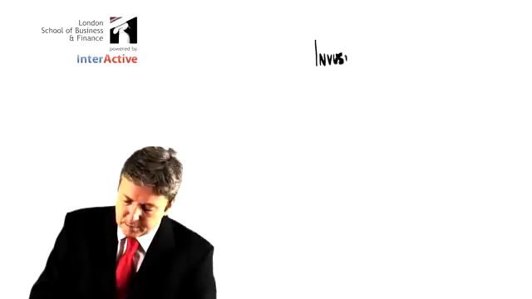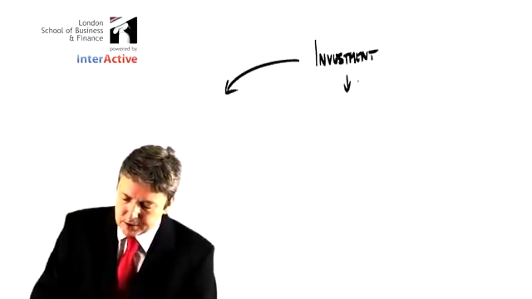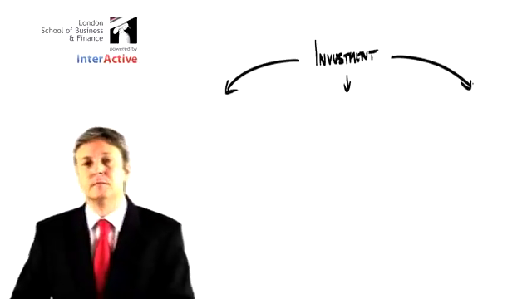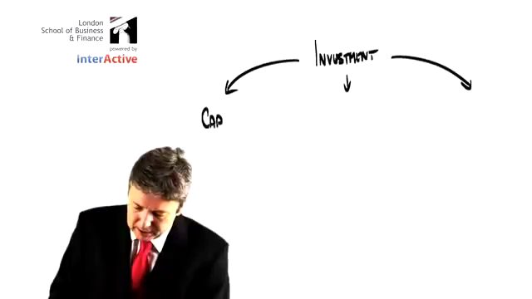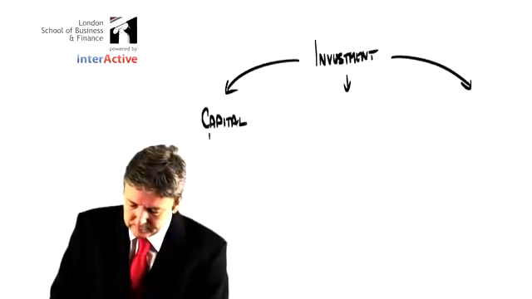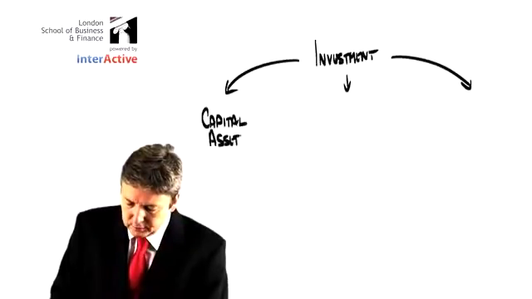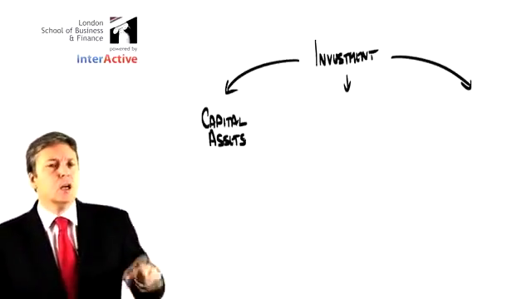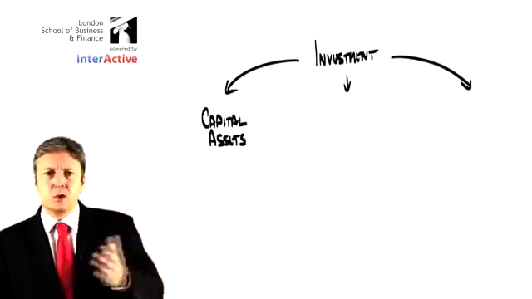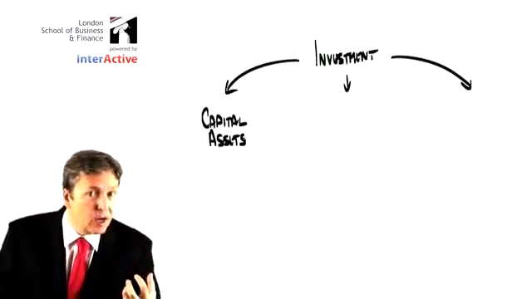If we're looking at investment, in simple terms, there are 3 areas that we can invest in. We can either invest in capital assets. You know, land and buildings or machinery. We're investing in land and buildings or machinery in order to generate what?